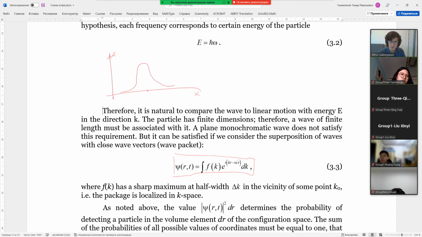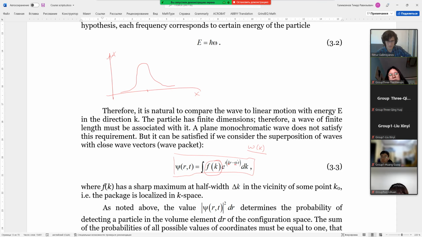What is written? An integral, or equivalently the sum, of the plane waves with wave numbers k and frequencies omega. Please keep in mind that omega depends on k. And the amplitude of each plane wave is defined by the function f of k. So that's just a sum of plane waves with amplitude f of k.